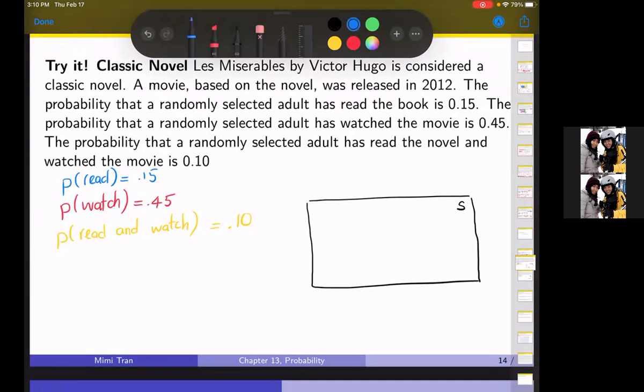Okay, so now the blue circle is going to be probability of read, and the red circle is probability of watch. How do I know that they are not disjoint? Yeah, the intersection is not equal to 0, so apparently they have to intersect.